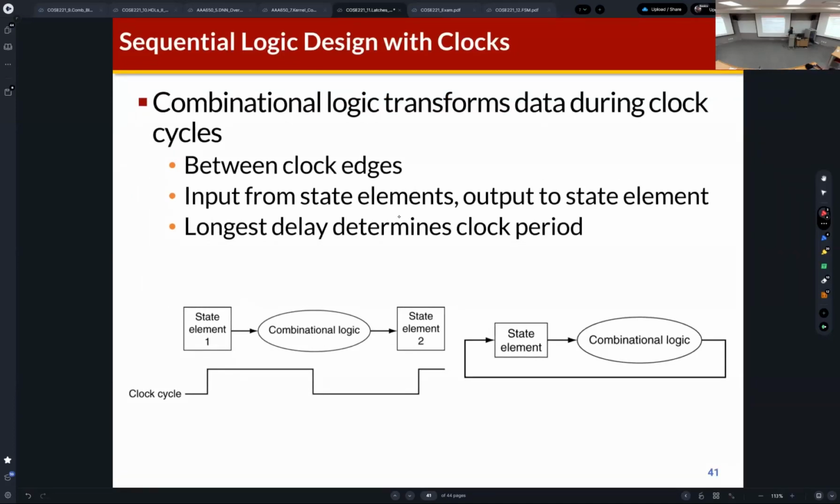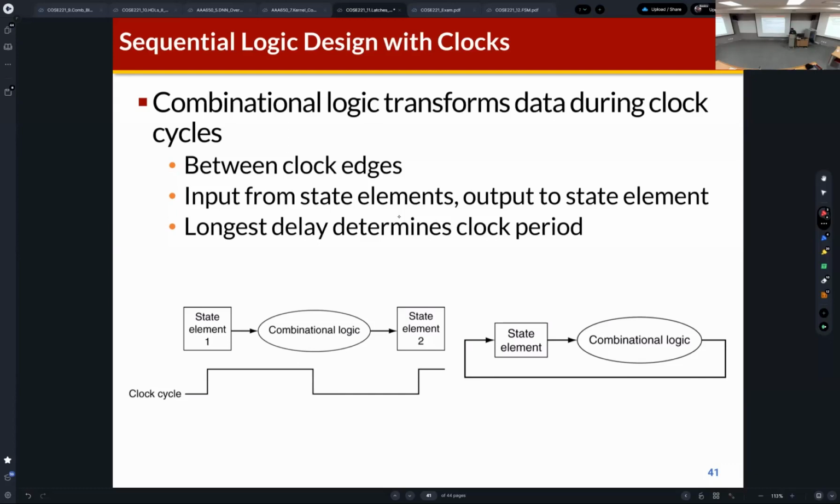Let's see this example. Now to implement this logic, we use this form of logic. So what can you see? You can find the state element. Actually, this is a D flip-flop, and then combinational logic here and a D flip-flop here.